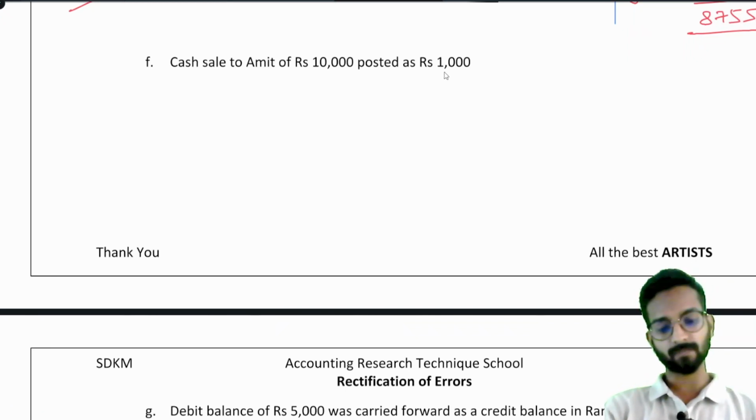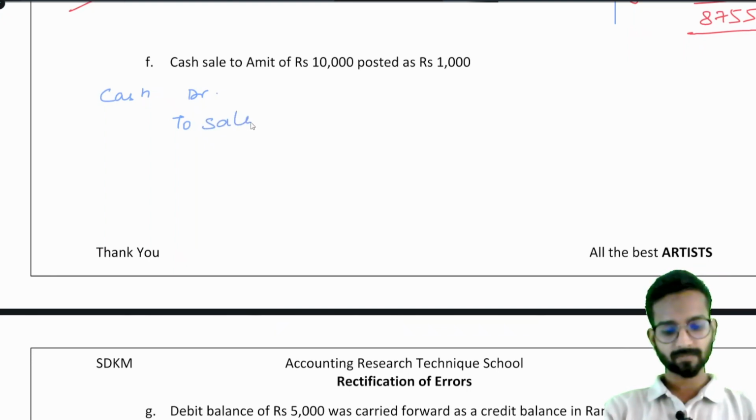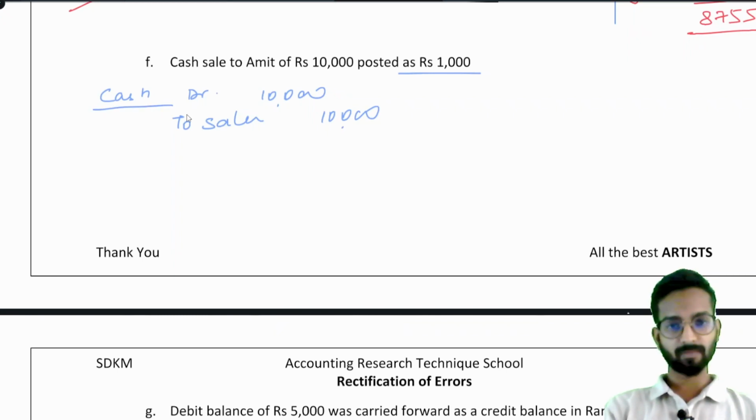What does it mean? See, the journal entry, if you can think, it will become cash account debit to sales 10,000 and 10,000. Simple. They are saying posted as rupees 1,000. It means, understand, if it is cash account debit, we will write this journal entry in the cash book. Now they are saying posted as 1,000 rupees.